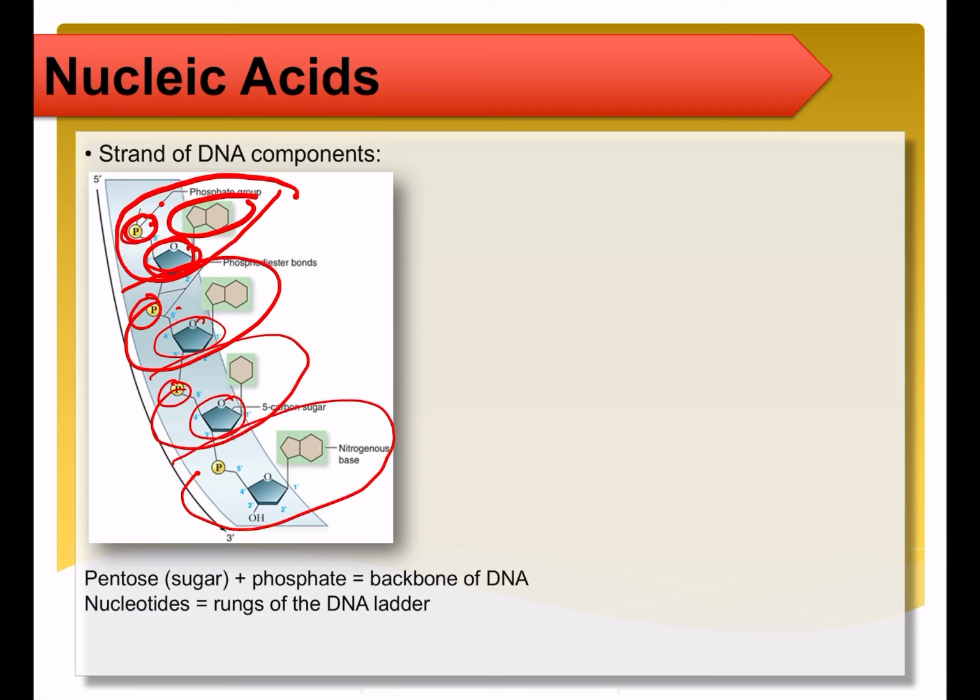And remember, we need to remember the bonds. The bond that forms between the phosphate group of one nucleotide and the pentose sugar of the other nucleotide is called a phosphodiester bond.